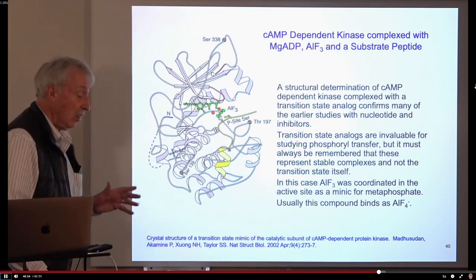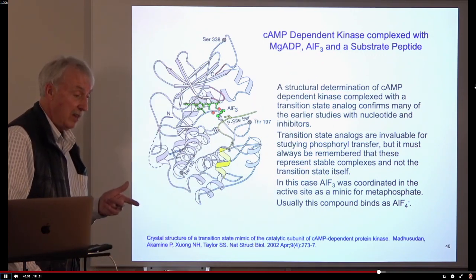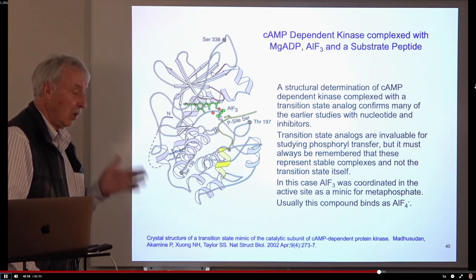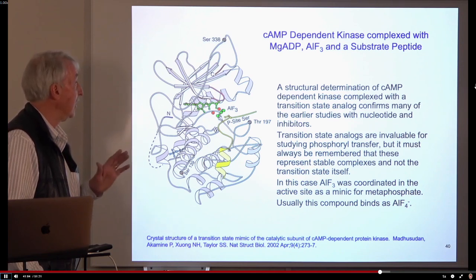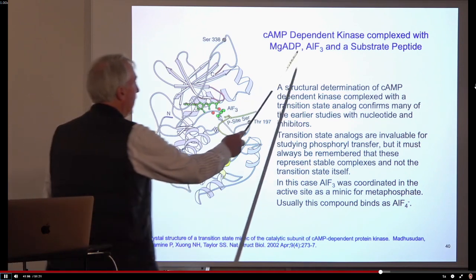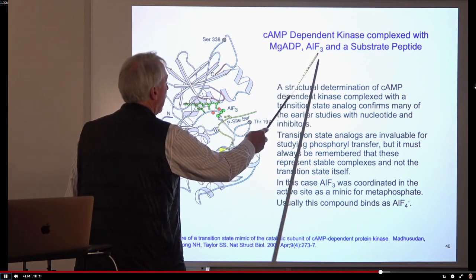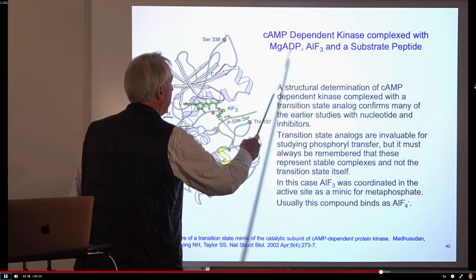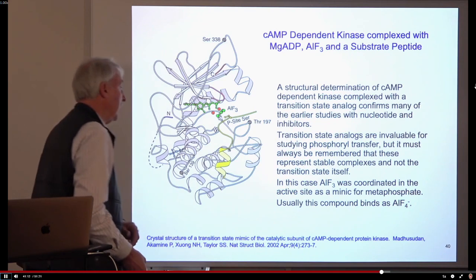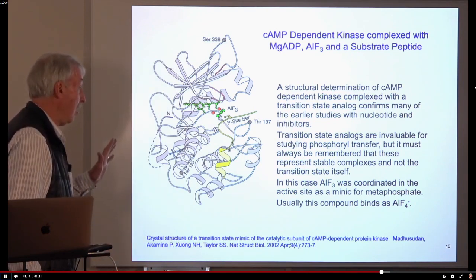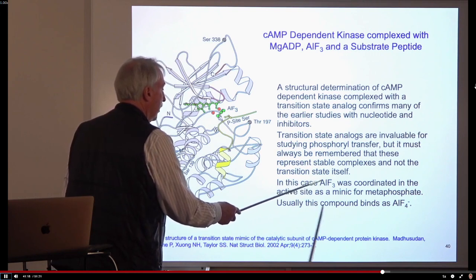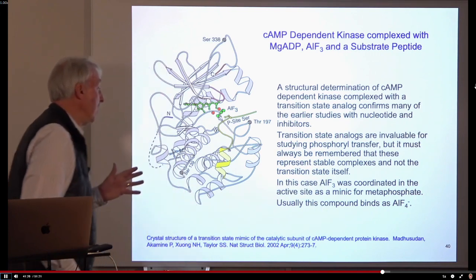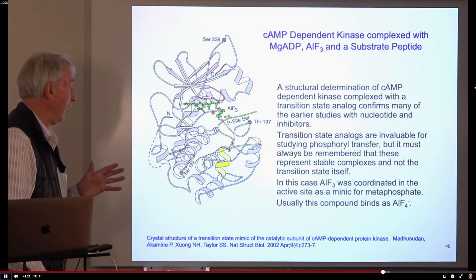They added aluminum trichloride to a solution of sodium fluoride, which in solution would form an AlF4- ion. But they claimed that they saw aluminum trifluoride in the active site, magnesium ADP, and the substrate peptide. What we now know from studies 10 years later is that the aluminum fluoride was almost certainly magnesium trifluoride.